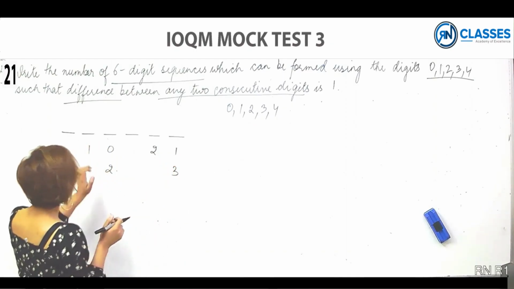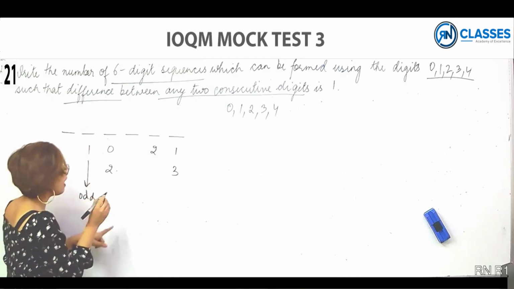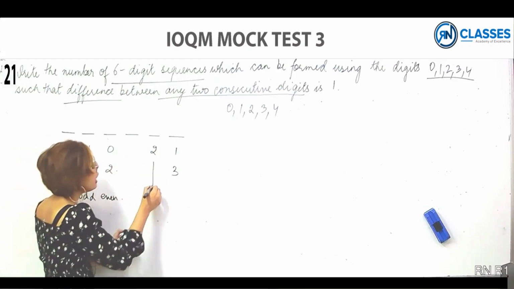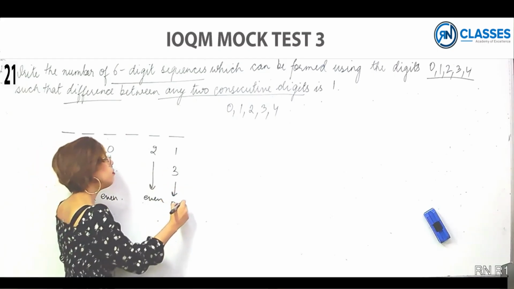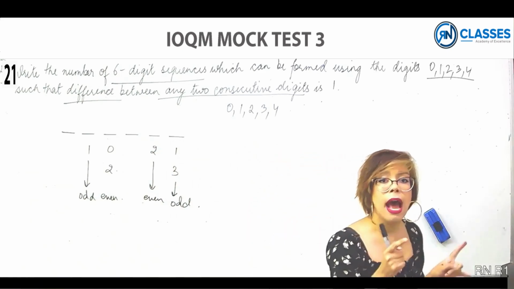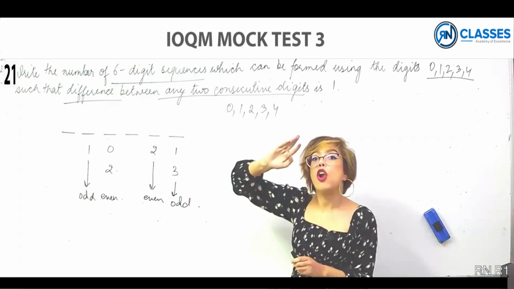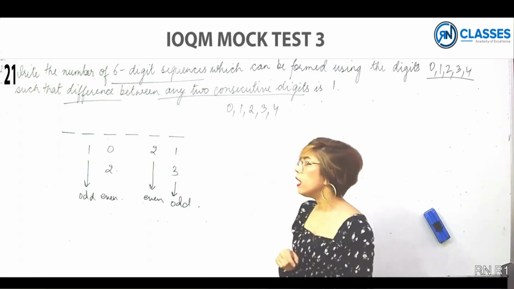Now, if I look carefully, if I am taking an odd number over here, the next number has to be even. Right? And if I am taking an even number over here, the next number has to be odd. Since the difference is 1, I have to make sure that it goes odd, even, odd, even. The alternating pattern is there because the difference is 1. Right?